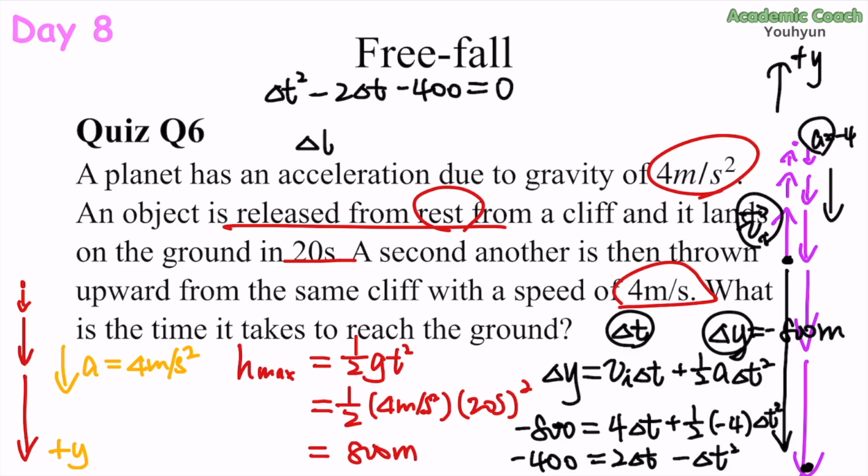Then by using the quadratic formula, I can get that delta t is equal to 2 plus or minus square root of 1604, divided by 2.